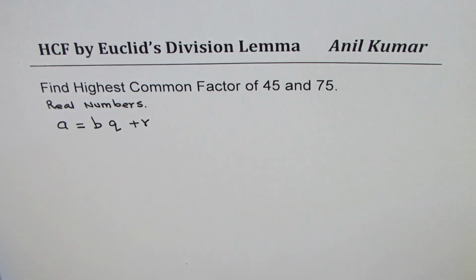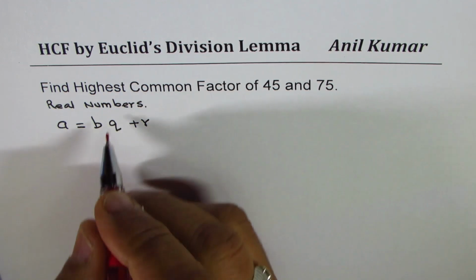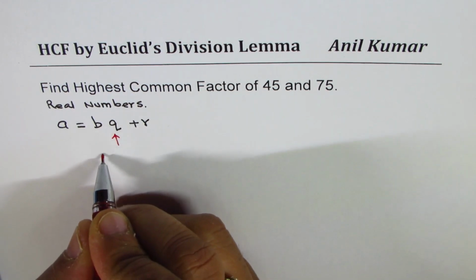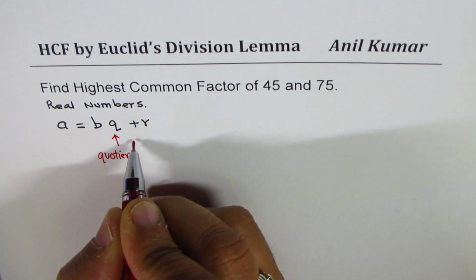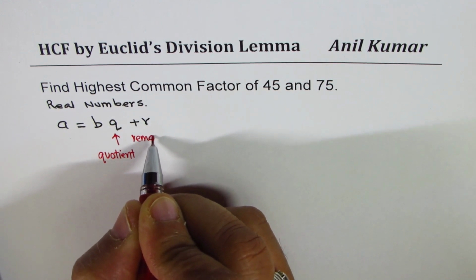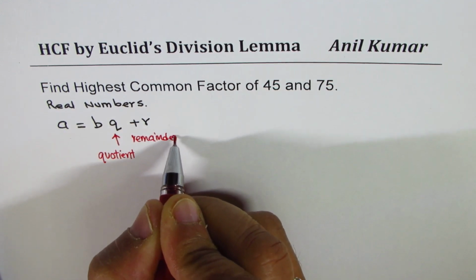The terms here are relating to division, right? This word is for quotient and r is for remainder, right?